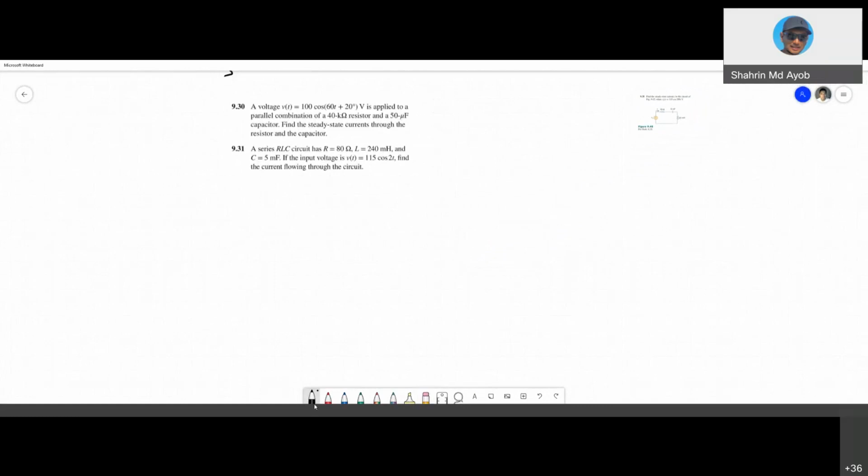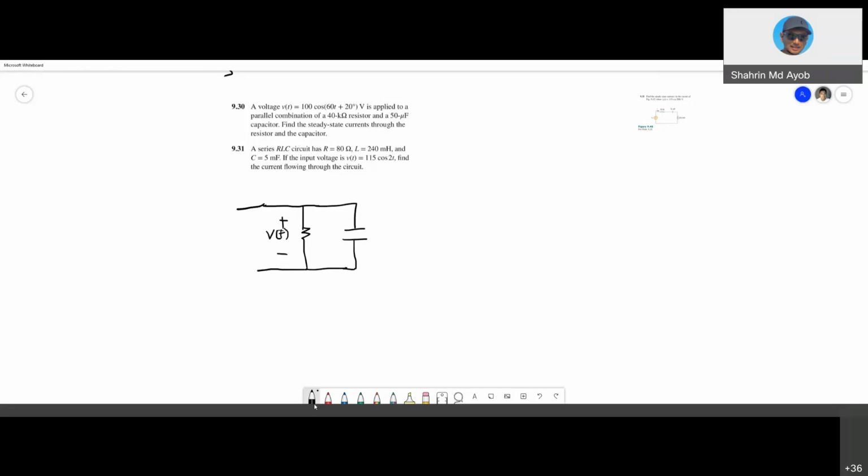Okay, so right now you have a voltage applied to a parallel combination of a 40 kilo ohm resistor and a 50 microfarad capacitor. Find the steady state current through the resistor and capacitor. You can imagine the circuit is like this: resistor and capacitor are connected in parallel, and a voltage applied, meaning the voltage here is v(t).